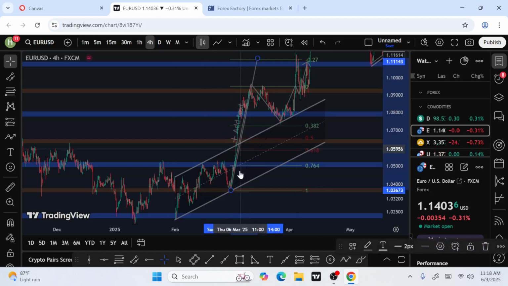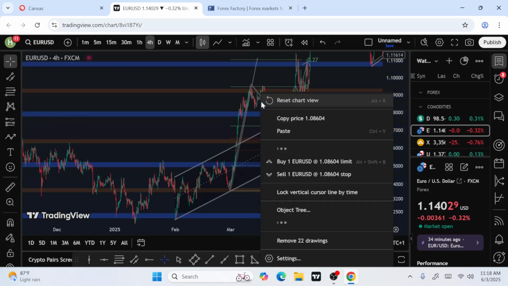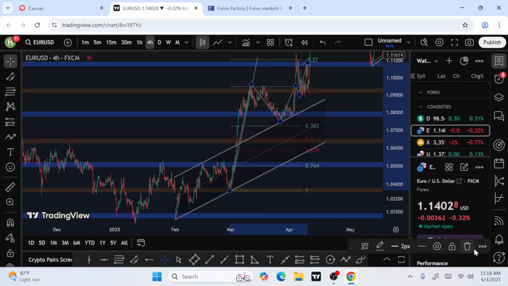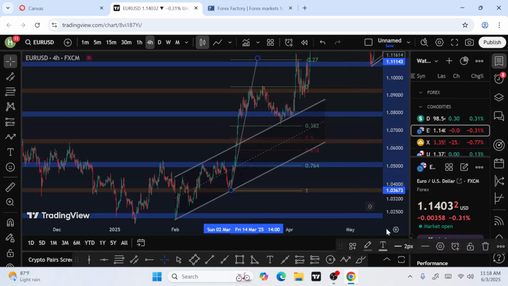With ease. Now that this particular trend has been compromised, we will delete this. Let me delete this. Now this particular trend has broken out. Boom. What will you do? Take it off.